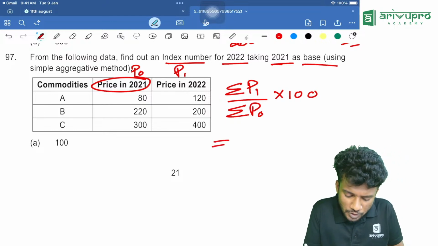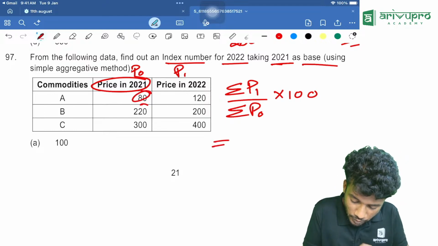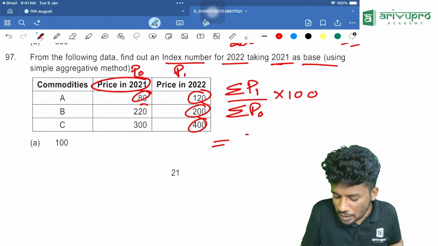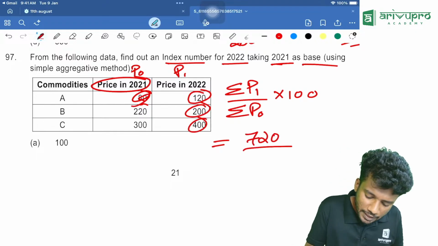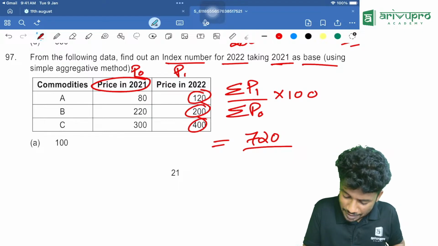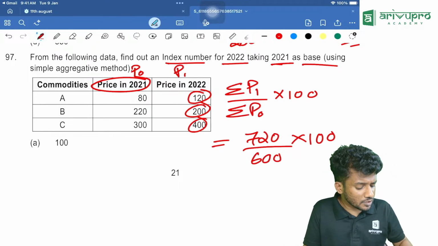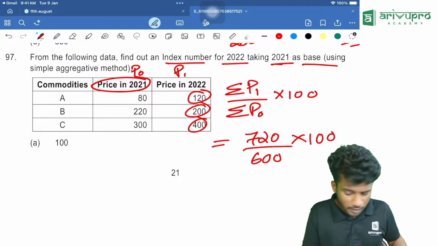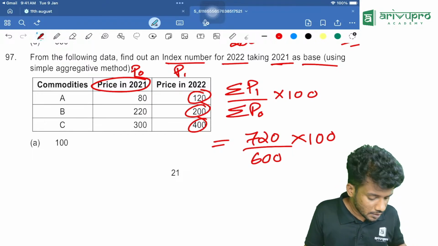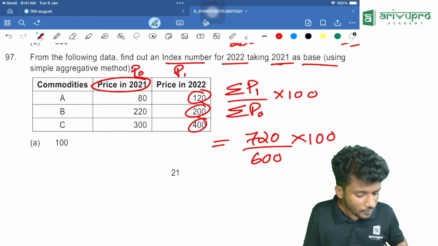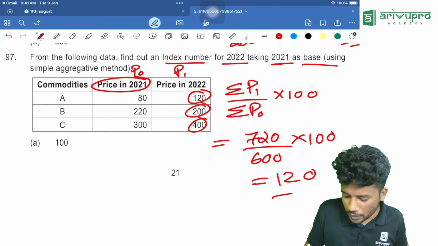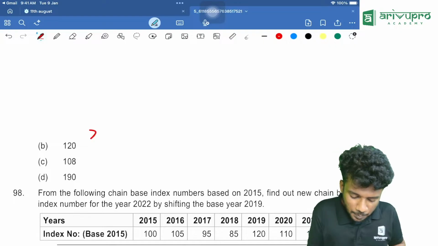Sigma P1 is 80 plus 120 plus 200 plus this, that is 720, divided by 80 plus 220 plus 300, that is 600, into 100. That is 120, so option B is your answer.